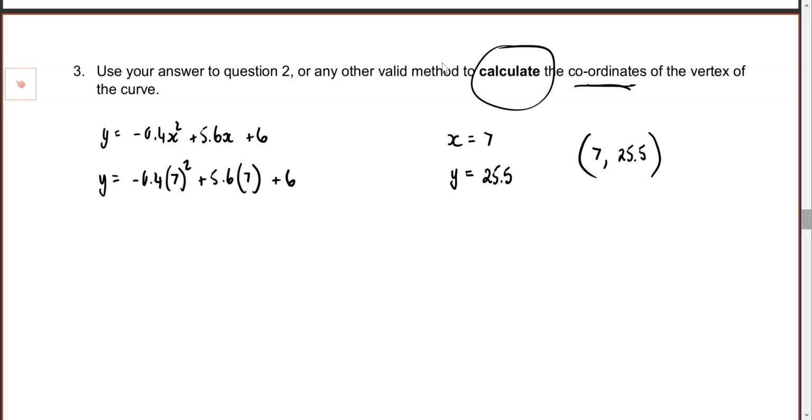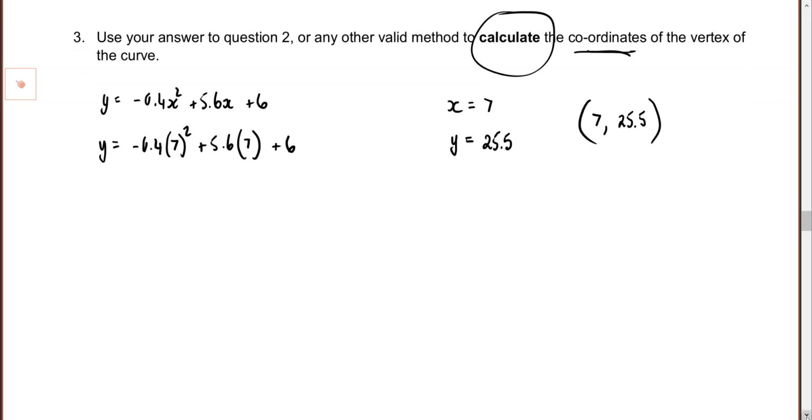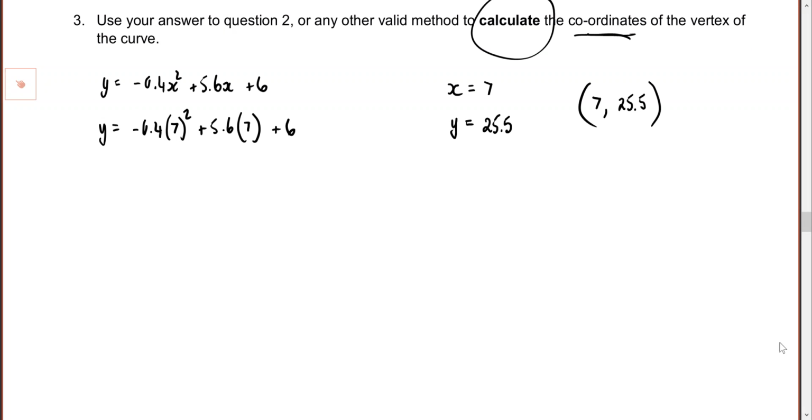But I didn't intend you to read any coordinates from the graph. I just wanted you to see the shape. I even gave you the other coordinates written down. Make sense? Any questions? Easy enough to do. Even if I was marking this properly, if you got an answer, it says use your answer to question 2.